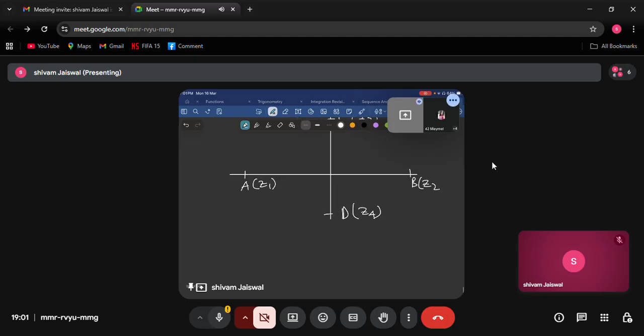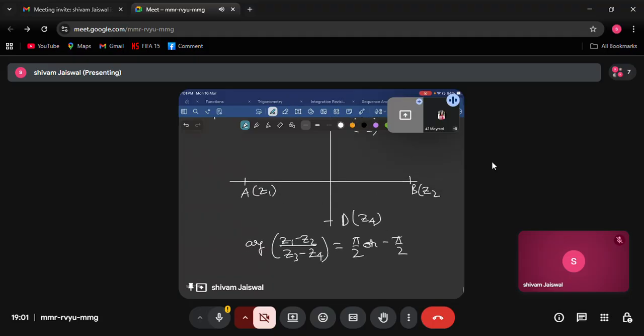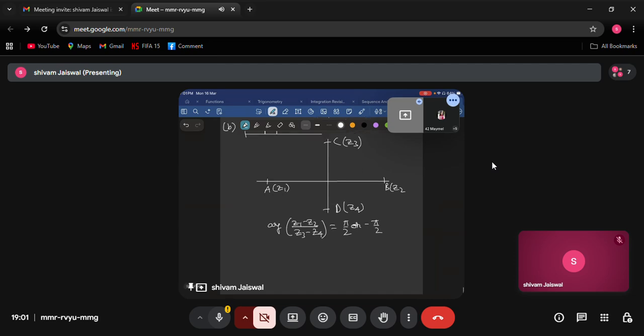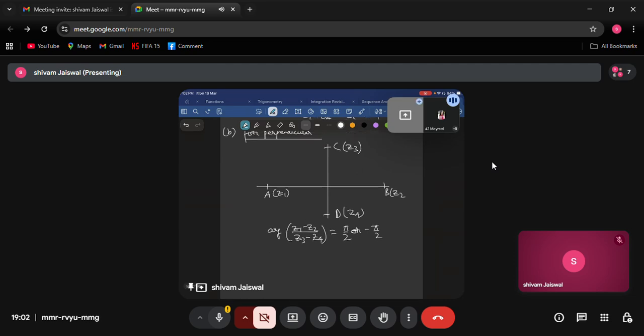So over here, argument of Z1 minus Z2 upon Z3 minus Z4 is equal to pi by 2 or minus pi by 2. So tell me everyone, if the argument is pi by 2 or minus pi by 2, then the complex number is imaginary.